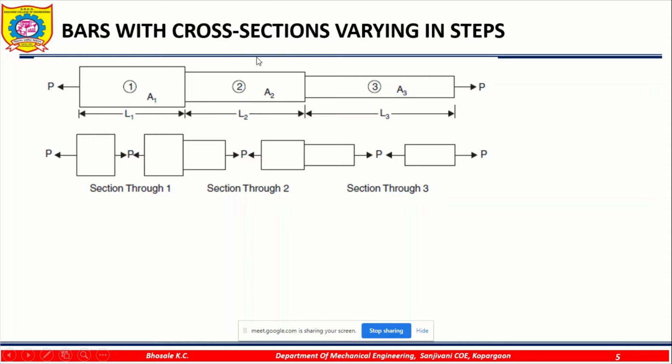For that, we have to take a section here in part 2. Then we take the summation of all the loads on the left hand side, and that same load will be there on the right hand side.